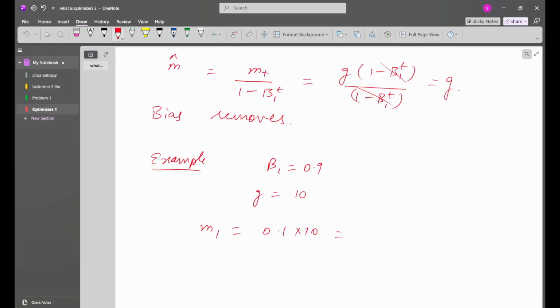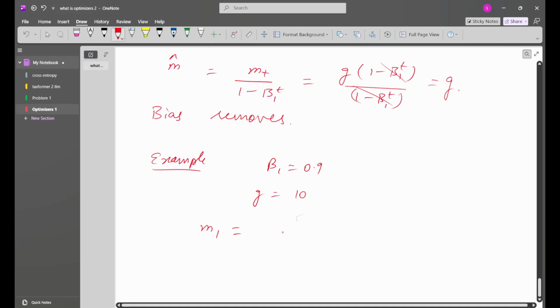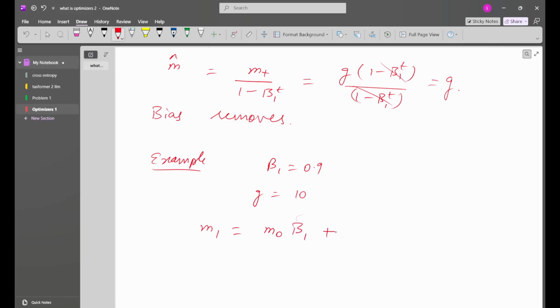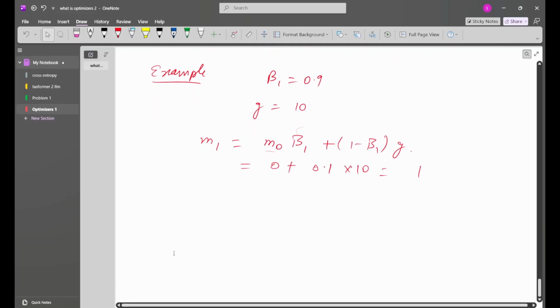So m1 is equal to m0 times beta_1 plus (1 minus beta_1) times the gradient. Okay, so m0 is 0, plus 1 minus 0.9 is 0.1, and the gradient is equal to 10. So we get 1, very small.